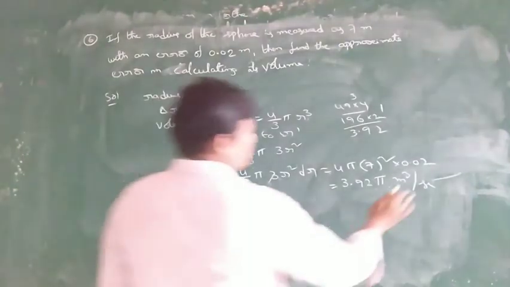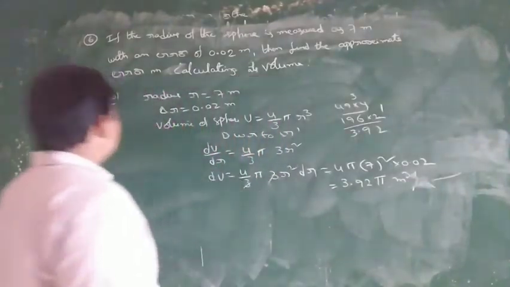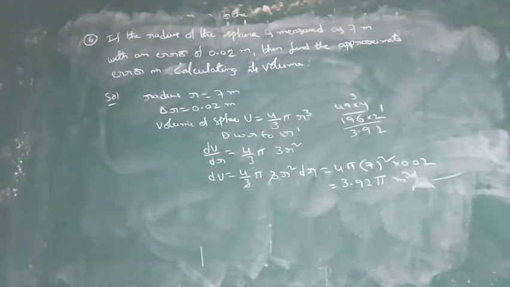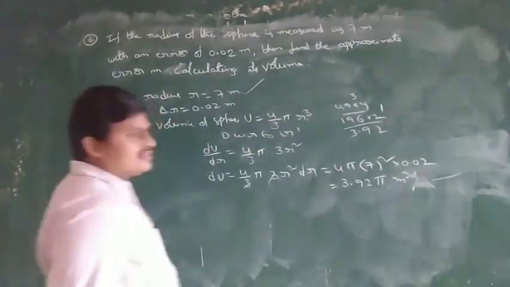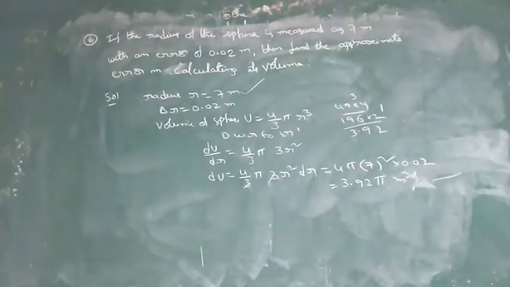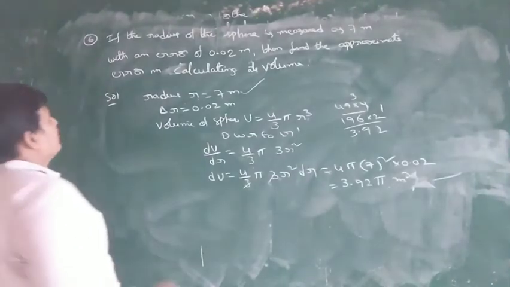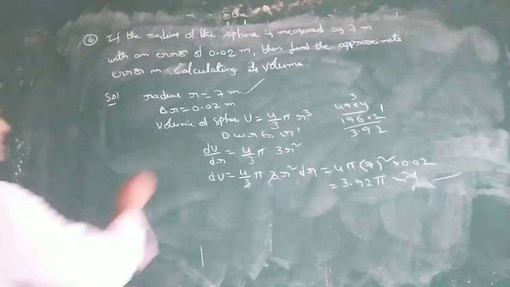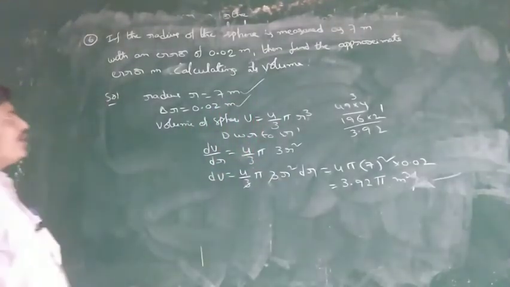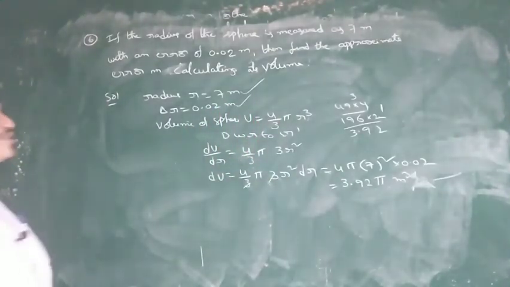Once again, the radius of the sphere is measured as 7 meters. The radius is denoted by r, with an error. Which error? The radius error. Find the approximate error in calculating its volume.